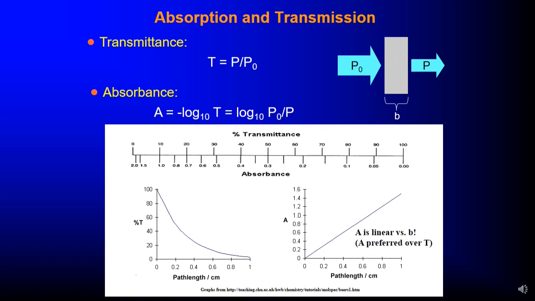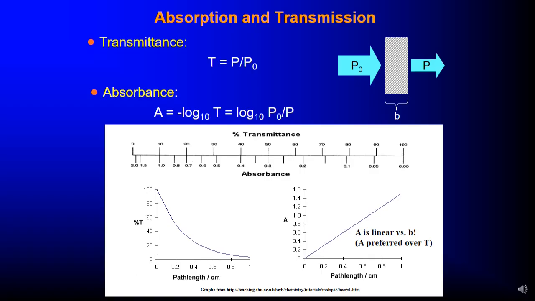So transmittance could be seen as the incident electromagnetic radiation, and then the resultant, the initial and the final.